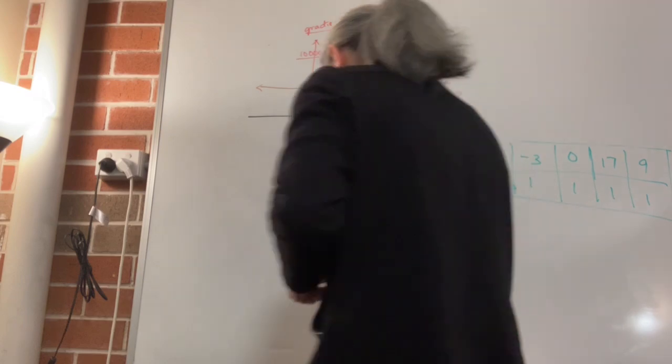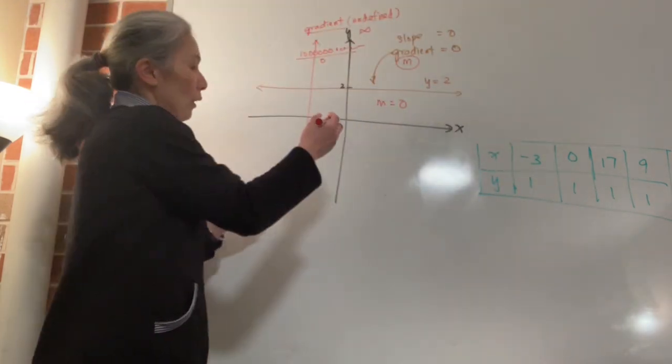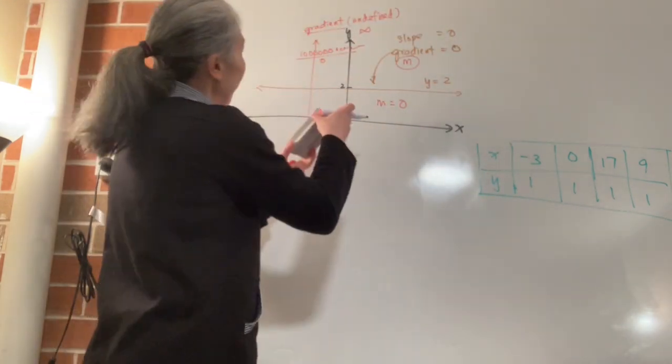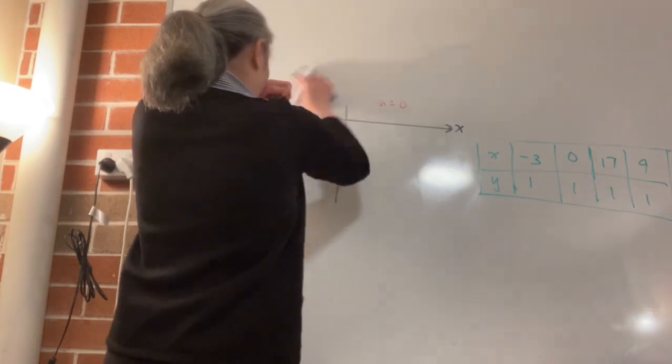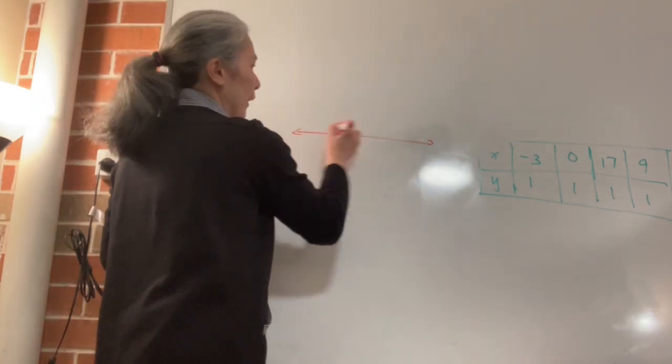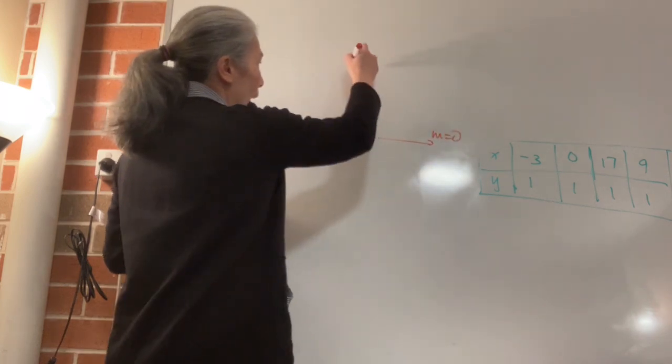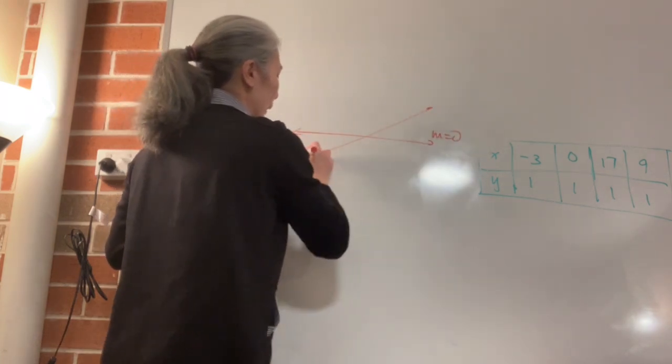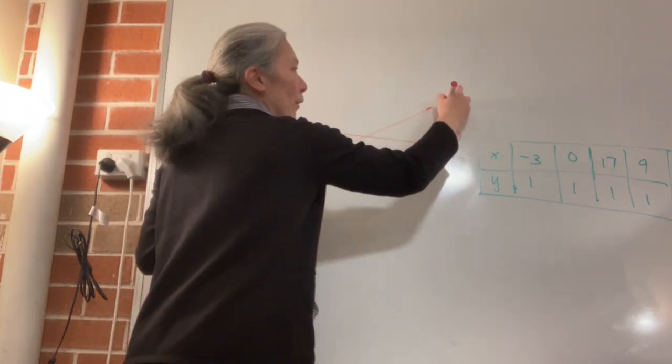Now let's look at the shape. Just then I said when you have something flat, the gradient is 0. If I have something going this way, the gradient is going to be positive.